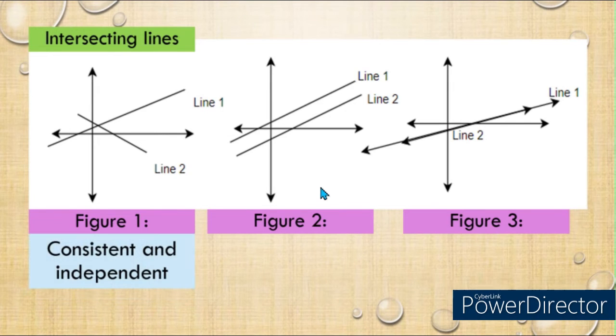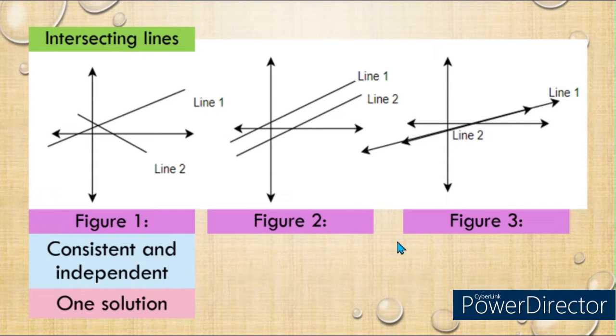And this figure 1 is also what we call consistent and independent. So if I ask you, what do you call the system of linear equations that has only one solution? You're going to answer consistent and independent.